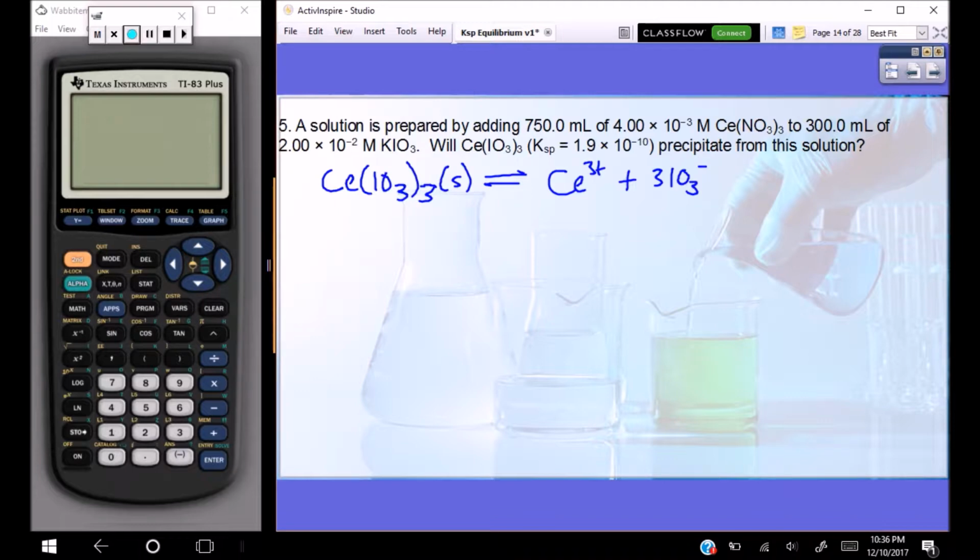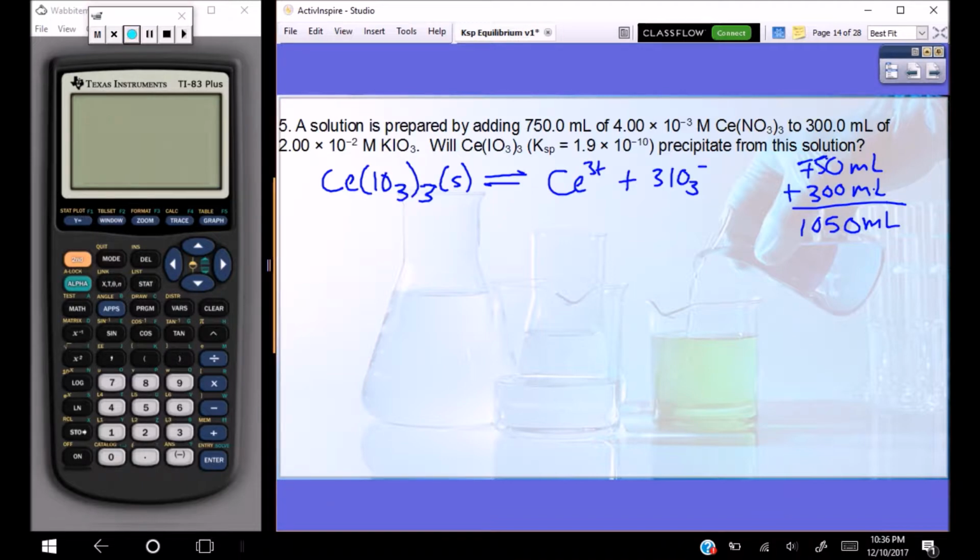Our new volume, 750 ml plus 300 ml, is going to give me 1,050 ml.